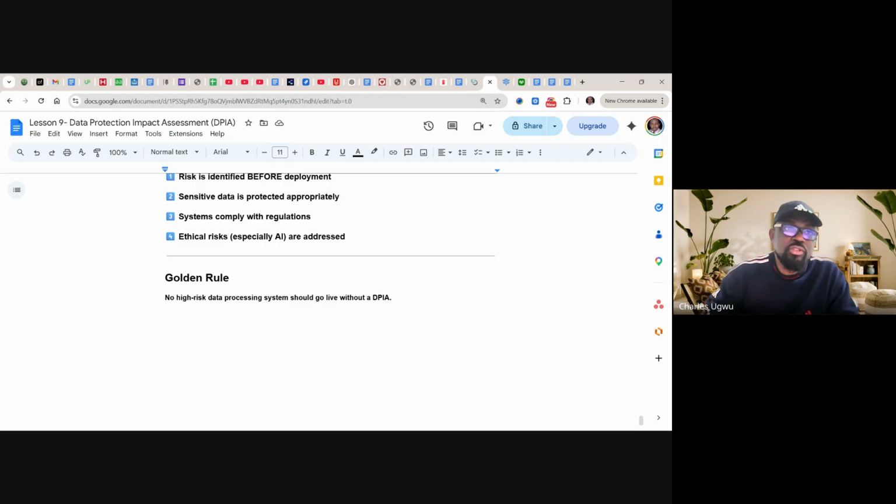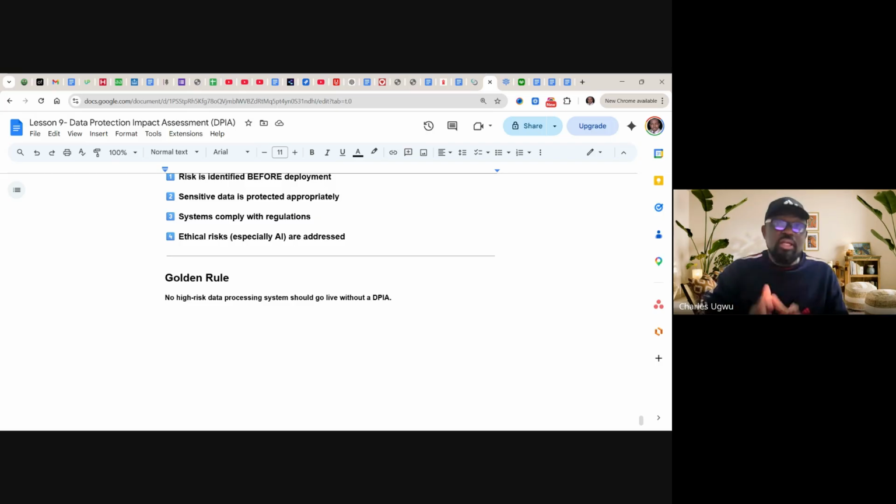All you need to do is know that this activity, we want to carry out this activity. This is the project we want to start. Before that project or that activity starts, it cannot start without carrying out a data protection impact assessment. Once carried out, we know why we need this data we are trying to collect.